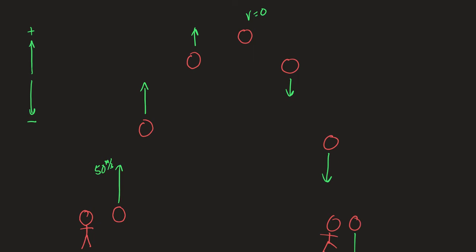Does that make sense so far? Velocity points in a direction. That's easy. The direction something's moving is the direction the velocity points. Acceleration's harder. You can't see it the same way. But we're told that the acceleration is negative, which means the acceleration must be pointing downwards the whole time.